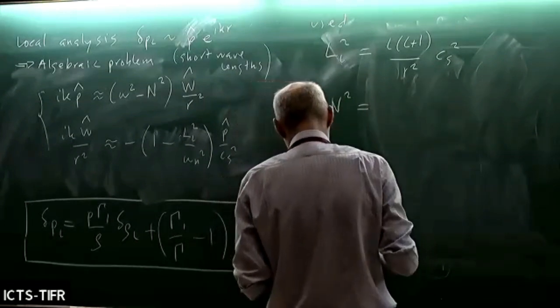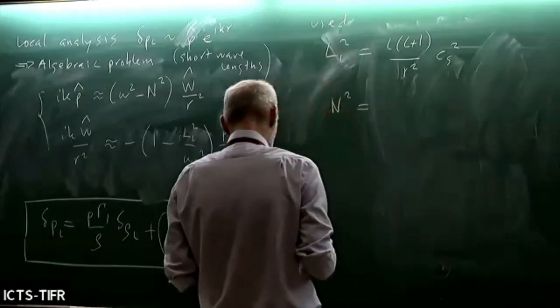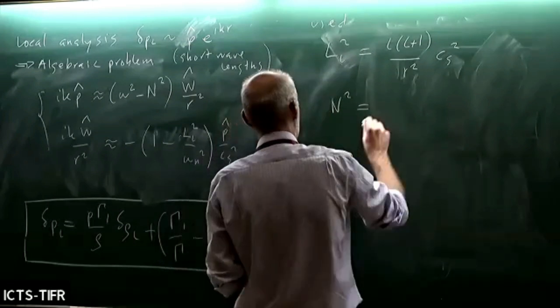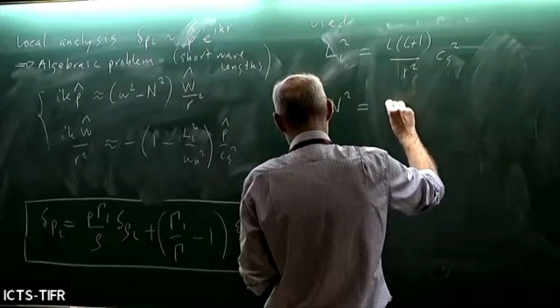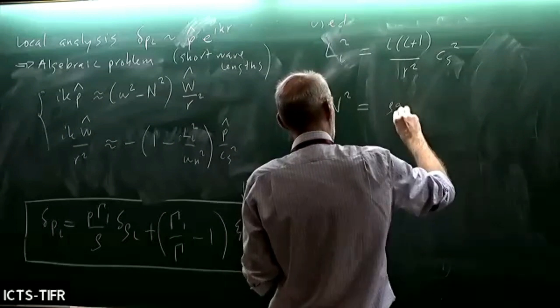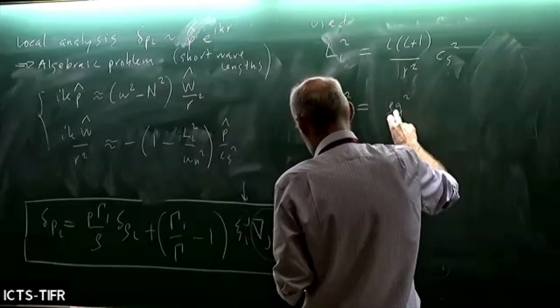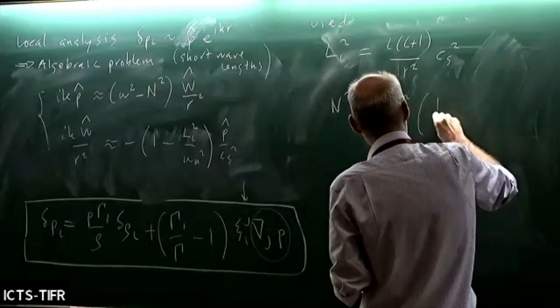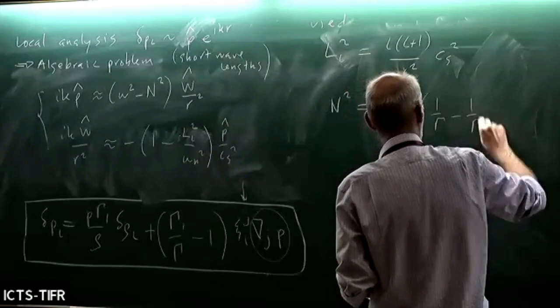I need to be careful with that. So that's the one we always get wrong. Okay, so this guy is just the rho g squared, local acceleration, over p, 1 over gamma minus 1 over gamma 1.